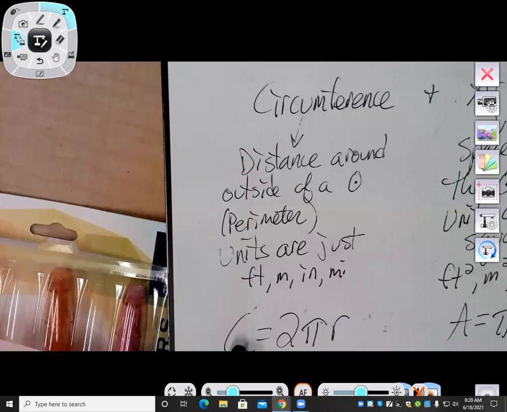Make sure you're in centimeters still. Oh, centimeters. 2.5.